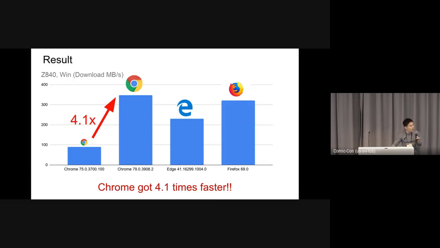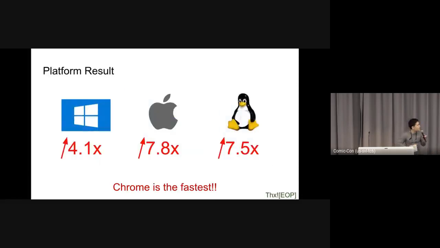And how about other platforms? Yes, for Mac, we got 8 times faster, and for Linux, we got 7.5 times faster. And now Chrome is the fastest browser ever. That's all. Thanks.